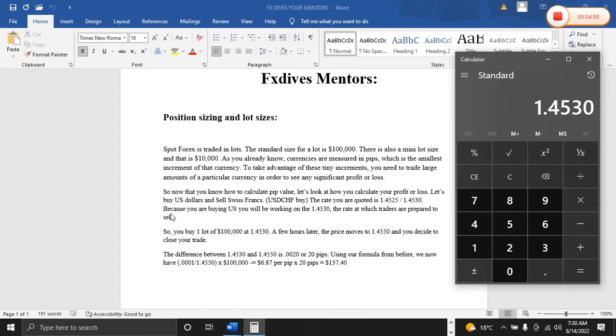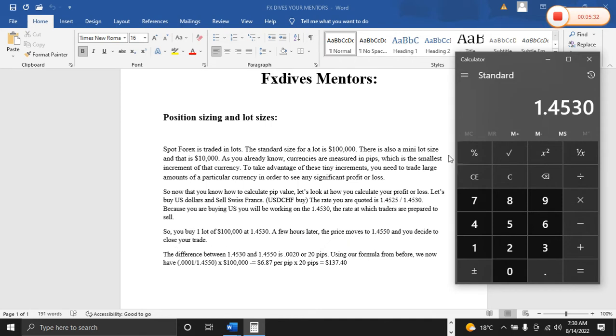When other traders are preparing to sell, that means at that moment you are preparing to buy. You're selling off your Swiss franc, preparing to buy the US dollar. So you buy one lot of 100,000 at 1.4530. A few hours later the price moves to 1.4550. You decide to close your trade. I don't know whether we're together.